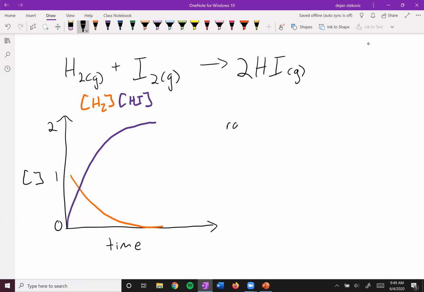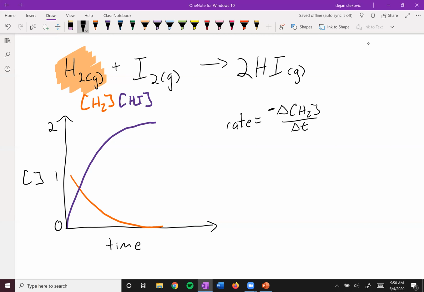When we're talking about the rate, we're talking about the overall reaction. There's only 1 H2 per reaction, so it's going to be the same as the overall reaction rate. The rate of this reaction is going to be equal to the change in concentration of H2 over the change in time. Now, the change in the concentration of H2 over time is negative, because it's getting destroyed. Sometimes you'll see this negative here, sometimes you won't.